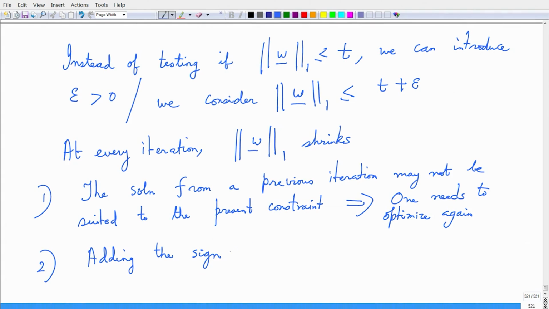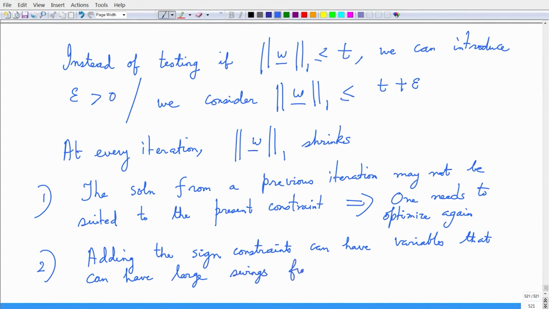So, adding the sign constraints can have variables that can have large swings from something which is highly positive to something which is highly negative, and these issues can be pronounced when we particularly deal with correlated variables.